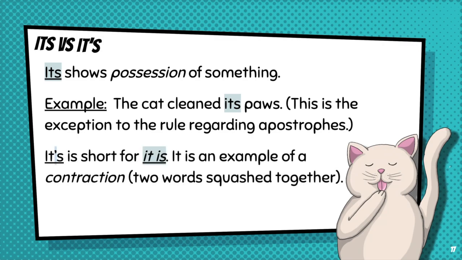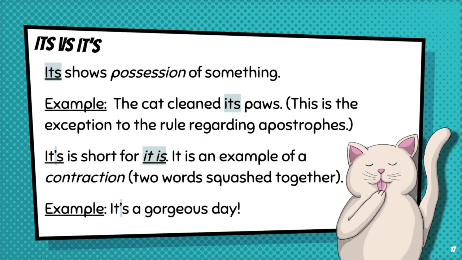However, if we want to make a contraction of "it is", then we are going to add that apostrophe there to show that the two words have been squashed together and the second I has been dropped out of the word. They've been contracted together. So this is the only time that you're going to include an apostrophe in that type of it. Very annoying, I know, but it is the one quite tricky one to be a bit wary of.